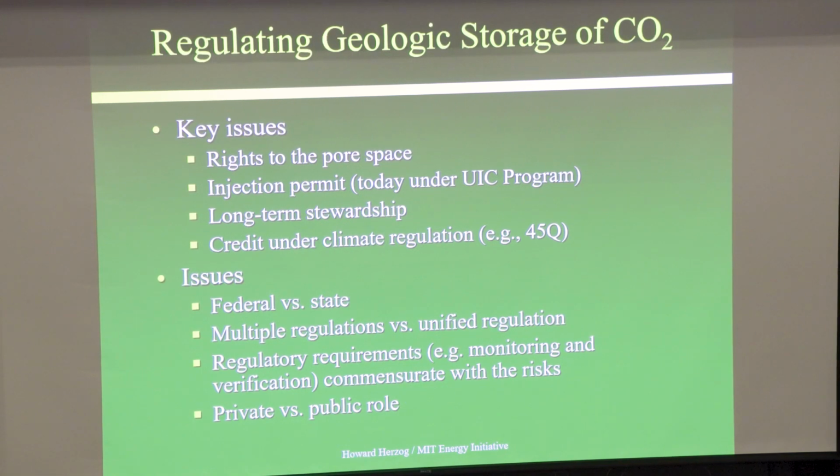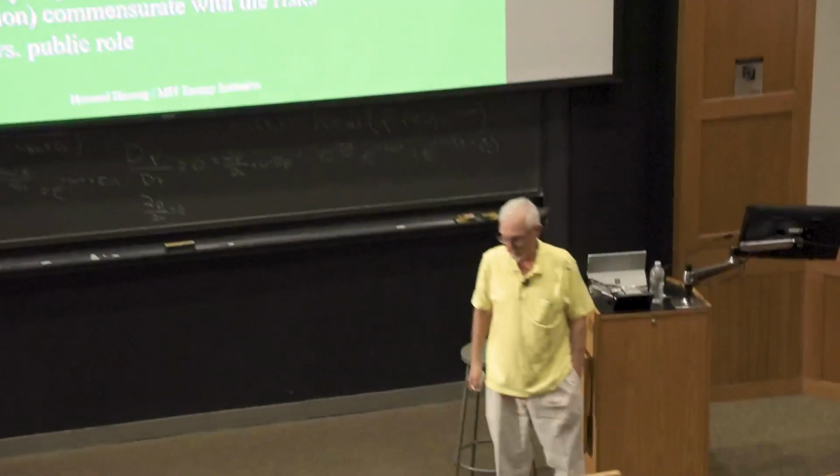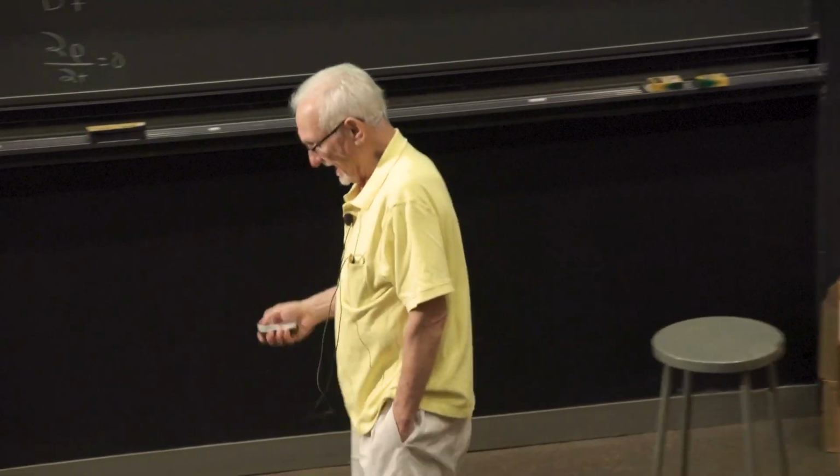Long-term stewardship is an issue, and that means once we put it in the ground and leave it there, it's going to be there. What happens 10 years, 20 years? Or how do we also ensure that it's not going to leak?